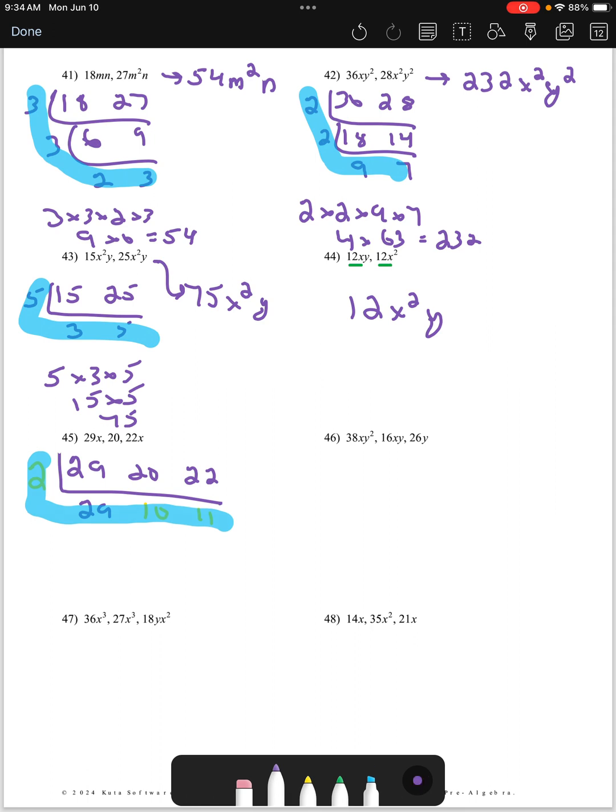Which means our GCF here, or sorry, not GCF, we're doing LCM today. Our LCM is going to make us multiply 2, 29, 10, and 11. Oof! 2 times 29 times 10 times 11. So that's 58 times 110.